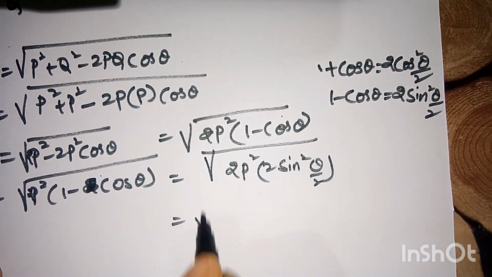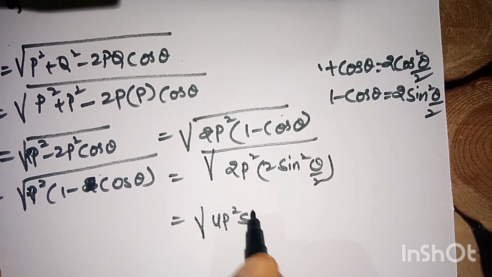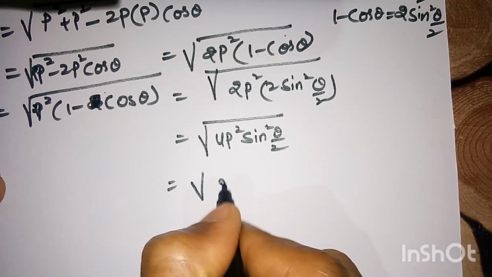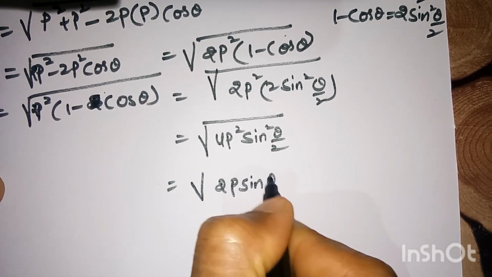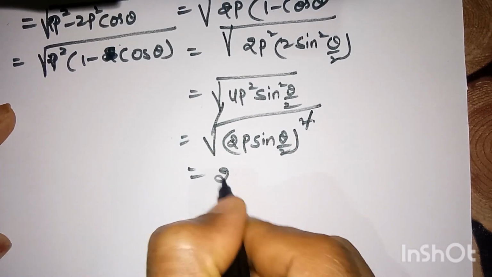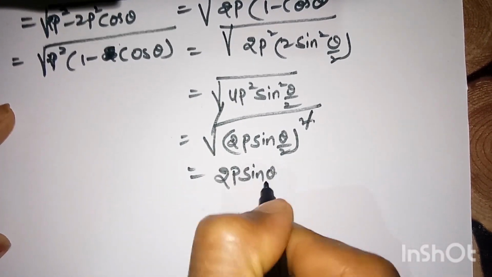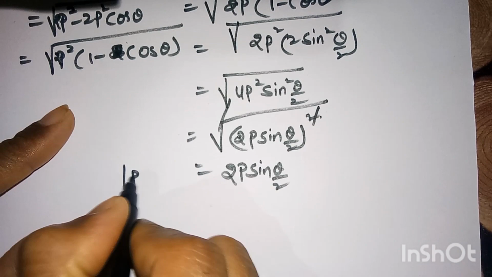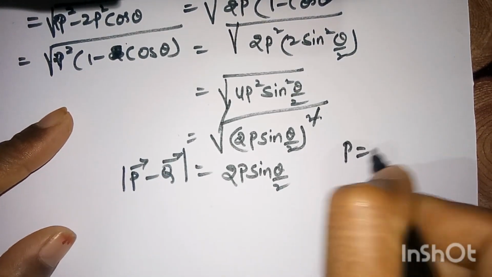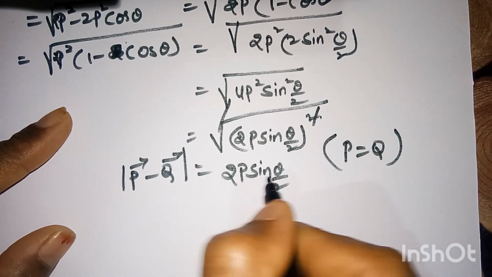What will you get here? 4p square sin square theta by 2. So this can be written as 2p sin theta by 2 whole square. Square root will be cancelled, giving 2p sin theta by 2.